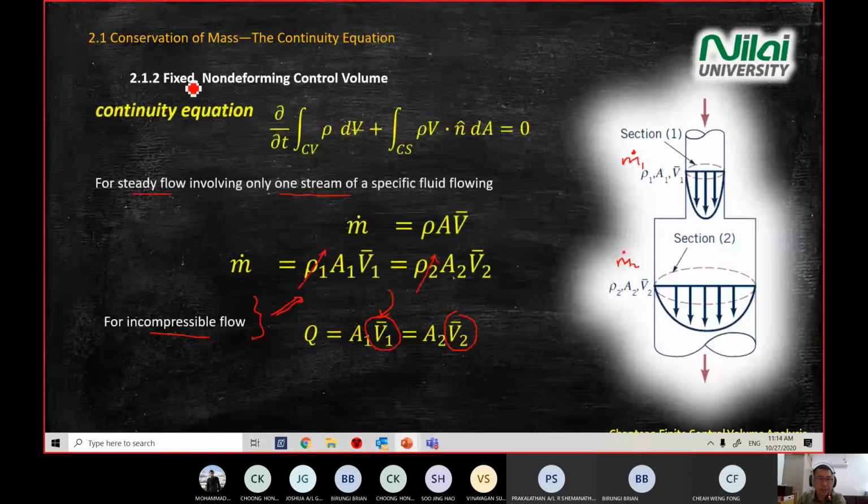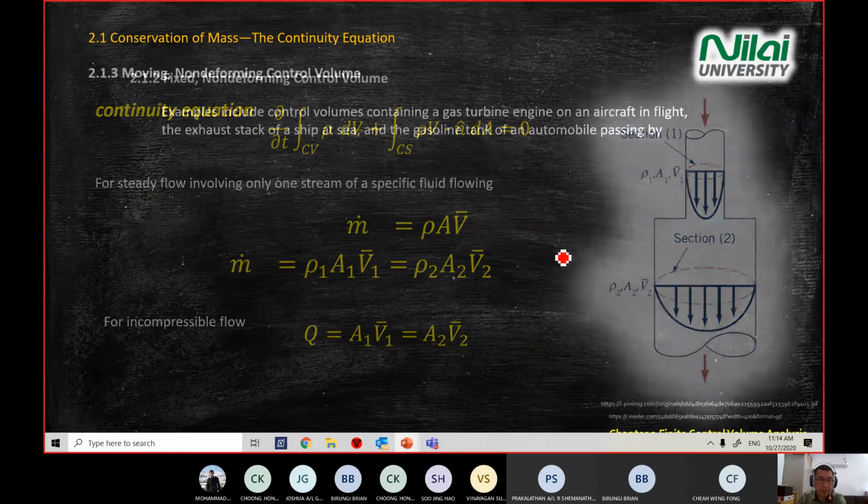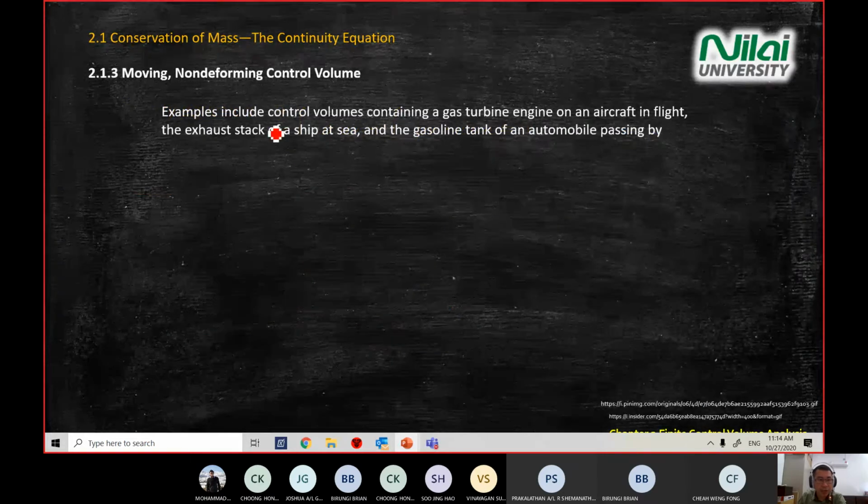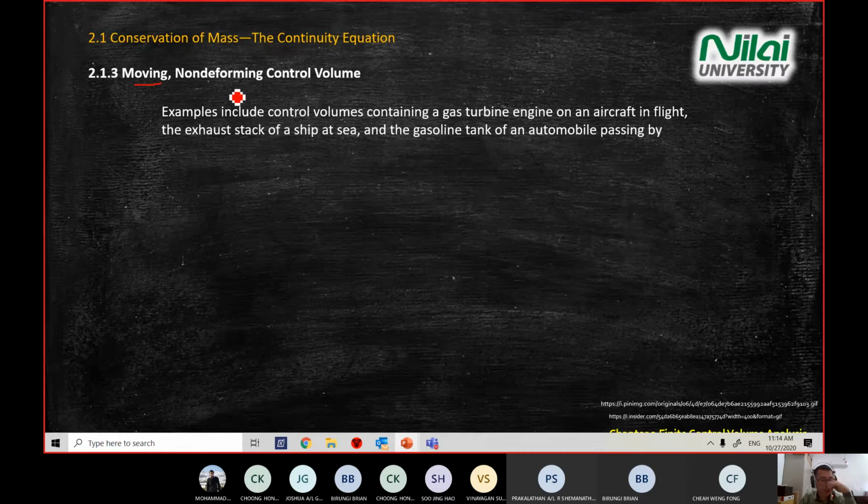Now, just now it was a fixed control volume. What happens if we look at a moving, non-deforming control volume? This one is question 9 in your tutorial questions. We already completed question 8 just now.